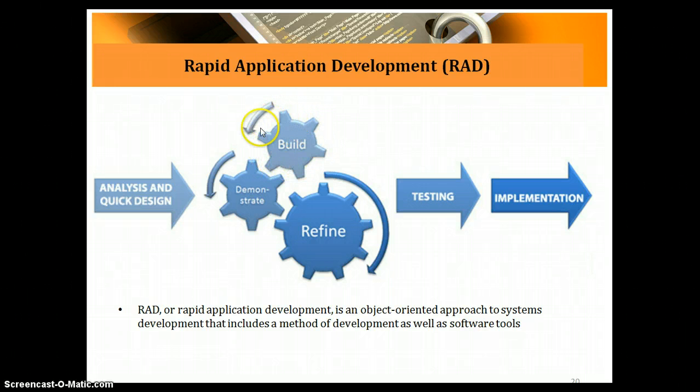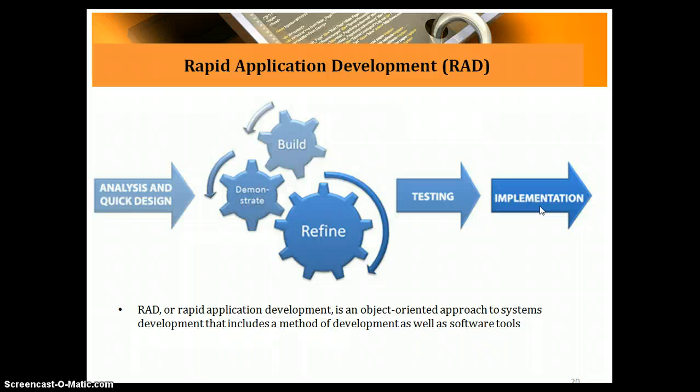After building your software, again go for demonstration. After finishing the demonstration, based on feedback, again refine your software until you and your customer are satisfied. If there is no refinement, then go for testing and at last implementation. So this is the RAD model.